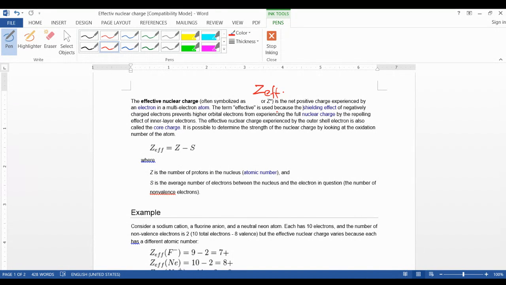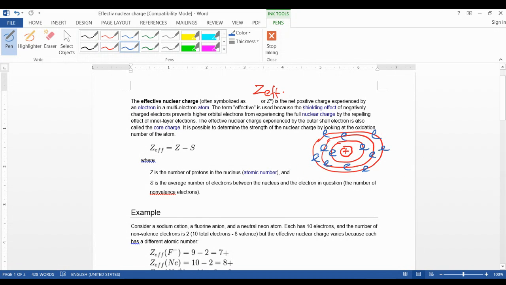But because of some shells there, suppose you have this positive nucleus and now you have the shells. Now you have electrons here, electron after electron.